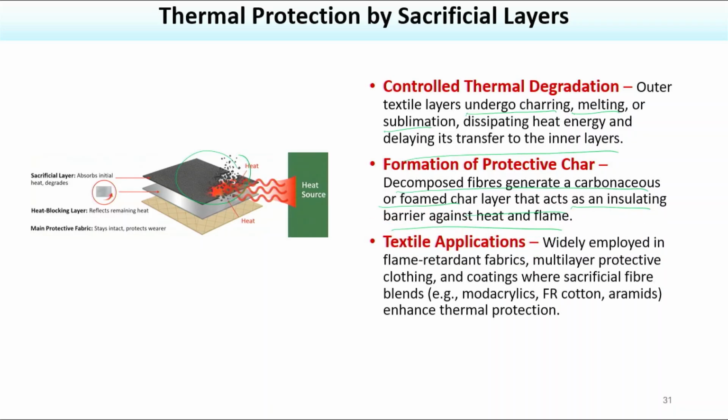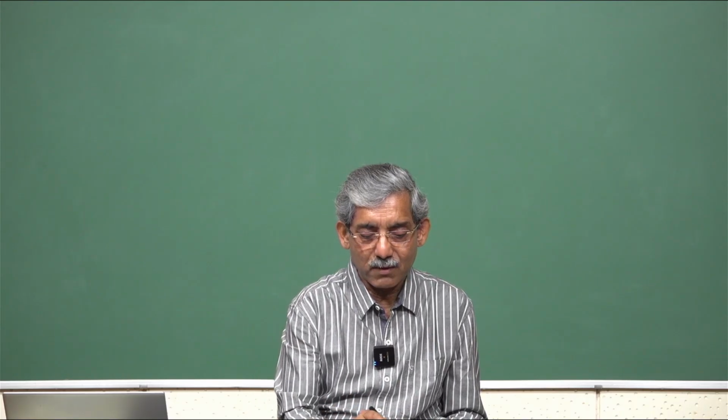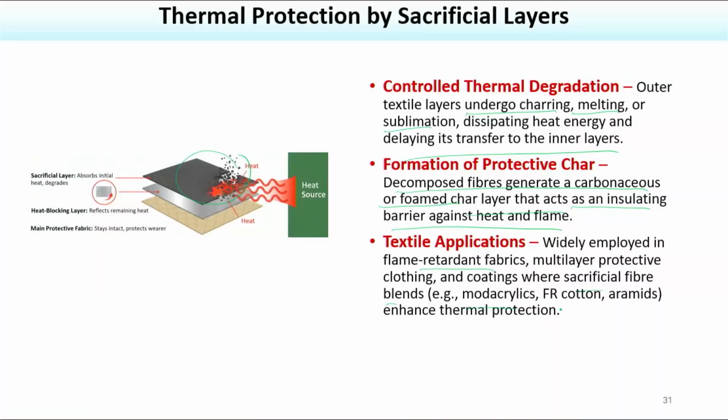Now, in textile applications it is widely employed in flame retardant fabric, multi-layer protective clothing, and coatings where sacrificial fibers are burned. It may be a sacrificial layer, maybe some coating or some fiber blends, modacrylic, FR cotton, aramids, which enhance the thermal protection.